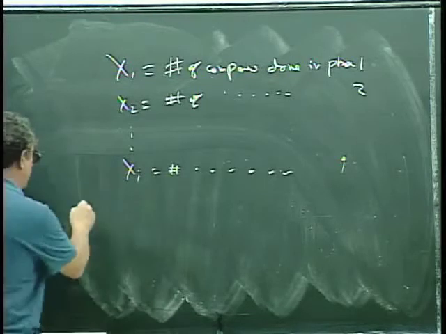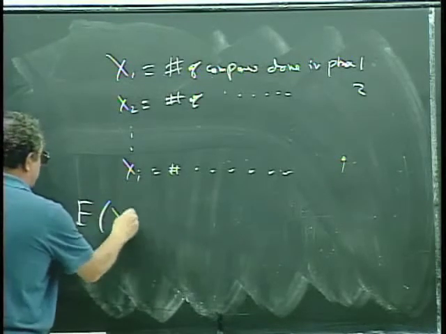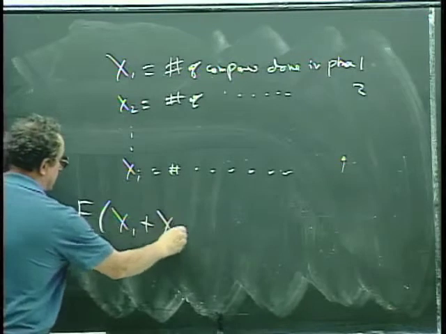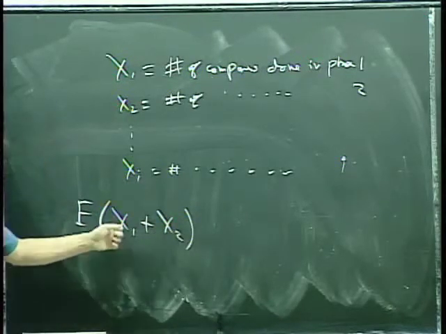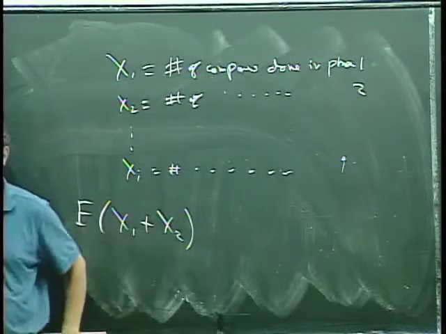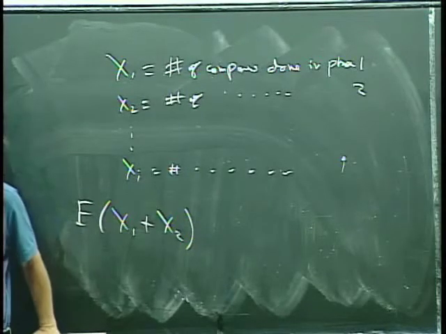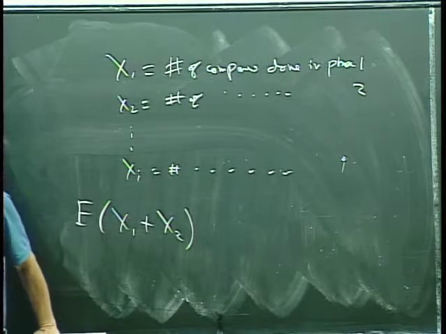Okay, so what's the expected value or the mean of x1 plus x2? Anybody remember from your probability class? Yeah, this is the second most important thing you learn in probability.